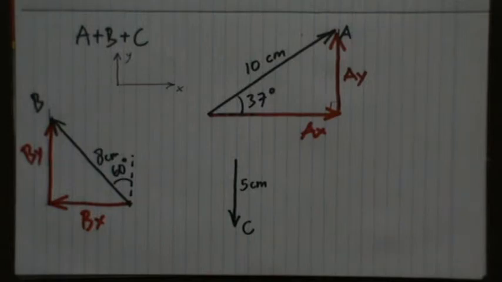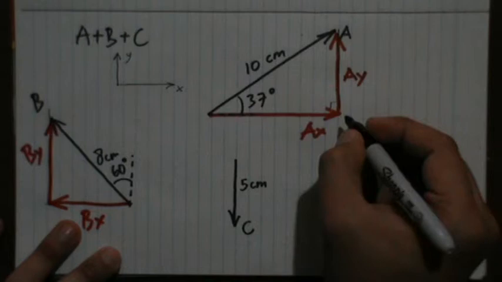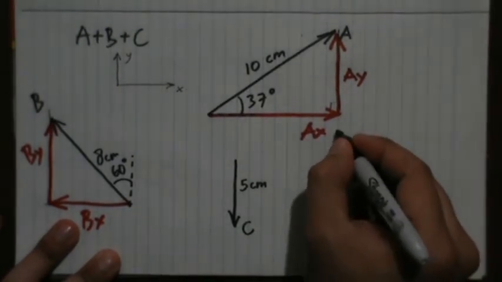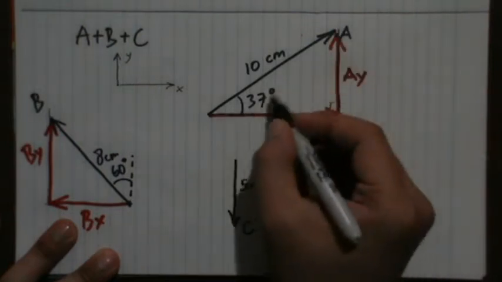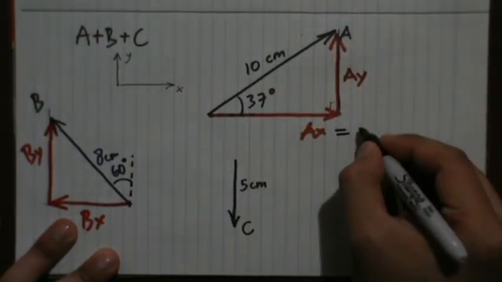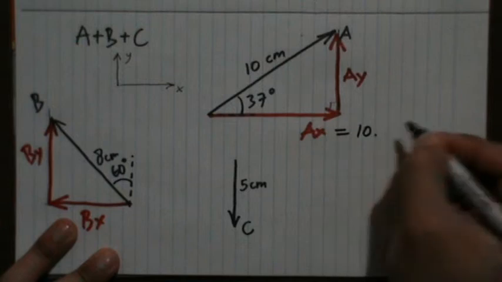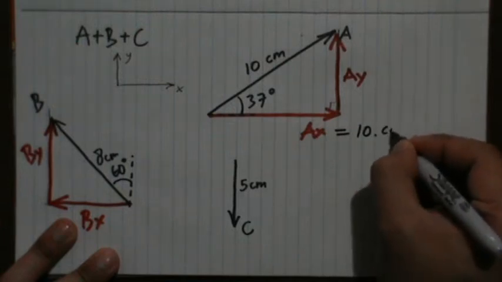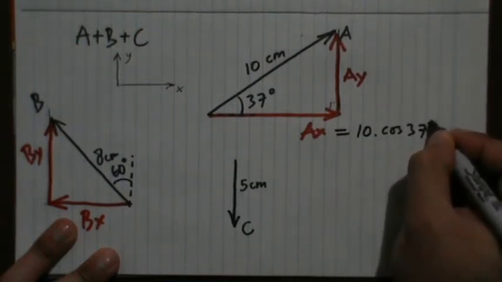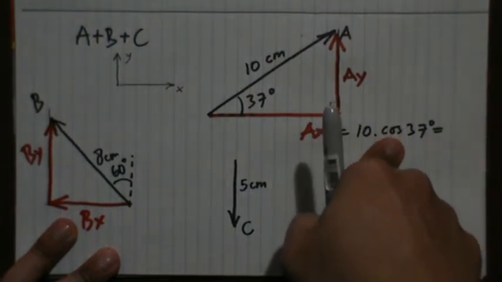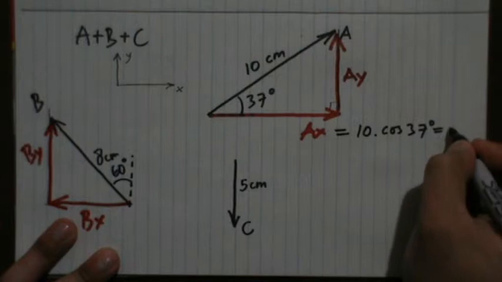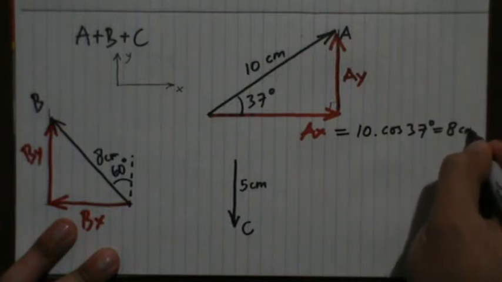Now we can find the magnitude of the components. First, we can find the component here, AX, and this is 10 centimeter and this is 37, so AX is 10 centimeter times cosine 37, and cosine 37 is around 0.8, so you will get 8 centimeter.